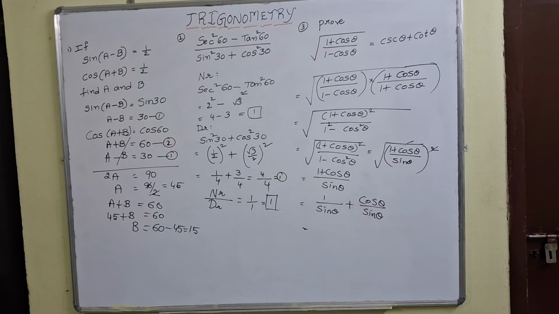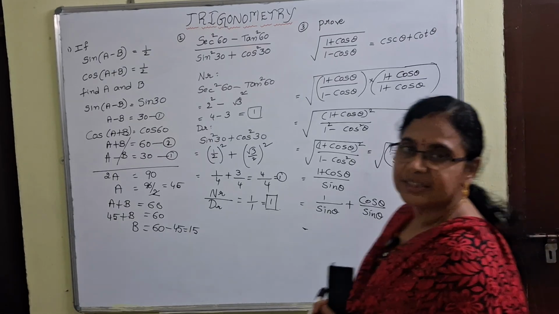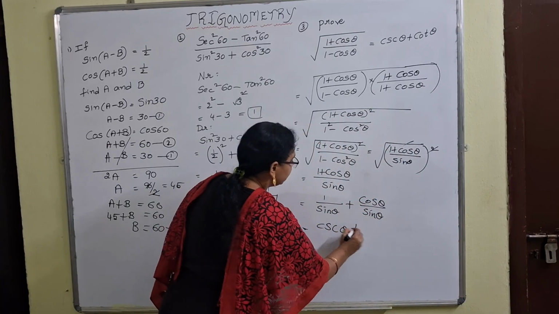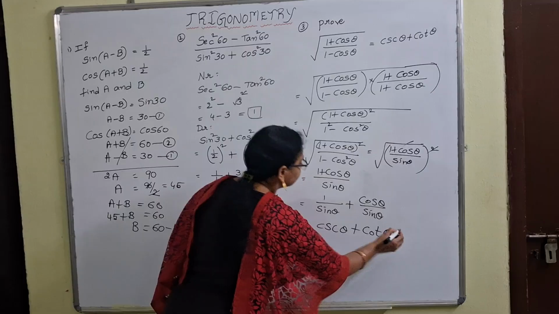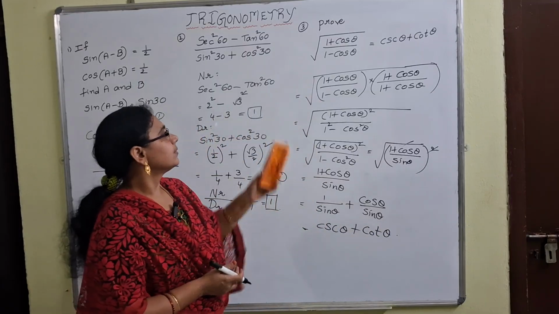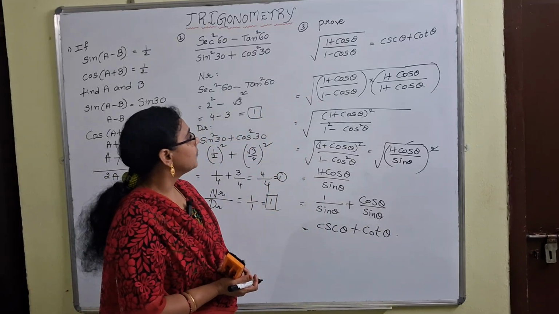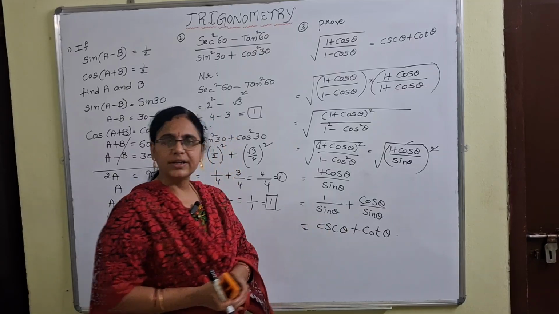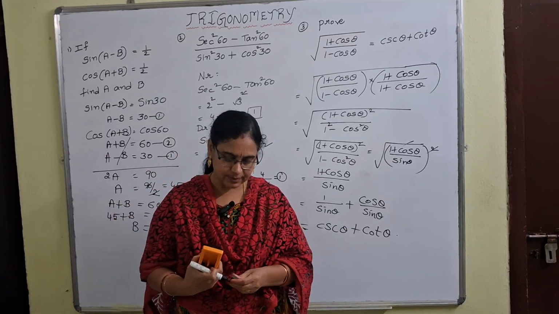By seeing that 1 by sin theta, did you get any trigonometric ratio? Yes. 1 by sin means that is cosecant theta. So cosecant theta plus cot theta. That is the only answer. Square root of 1 plus cos theta by 1 minus cos theta is equal to cosecant theta plus cot theta. Did you understand?